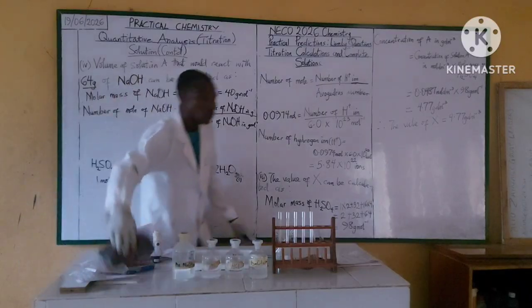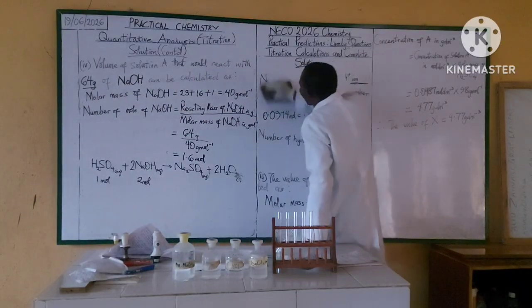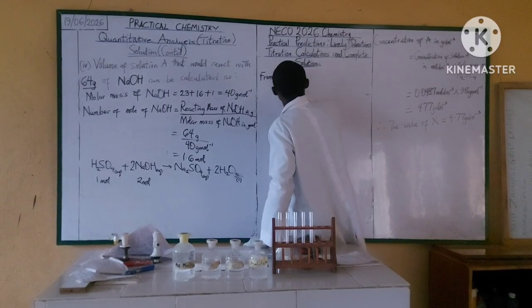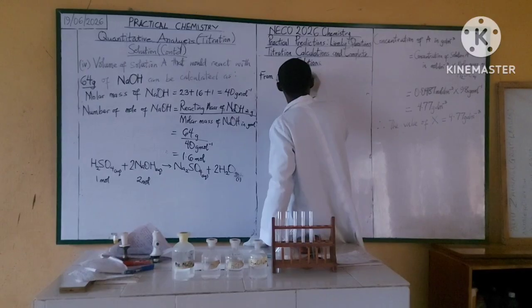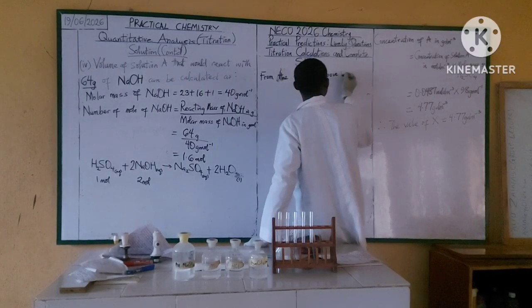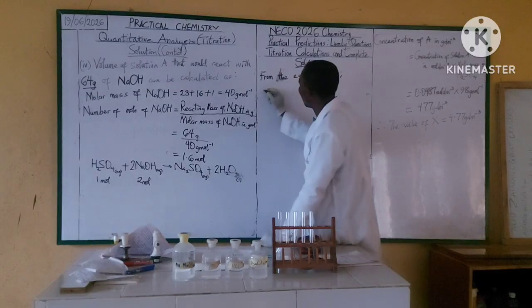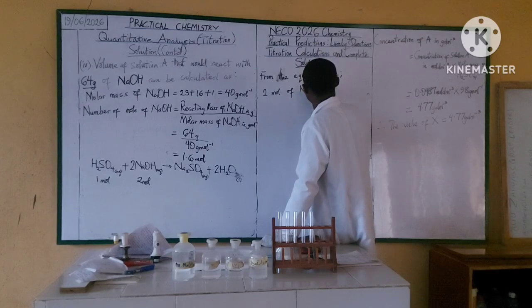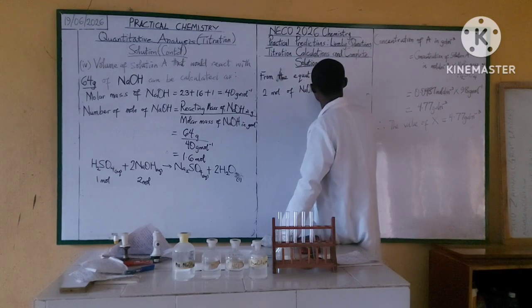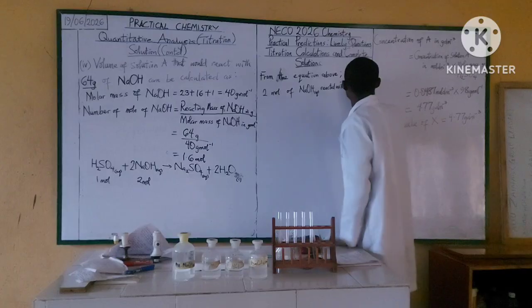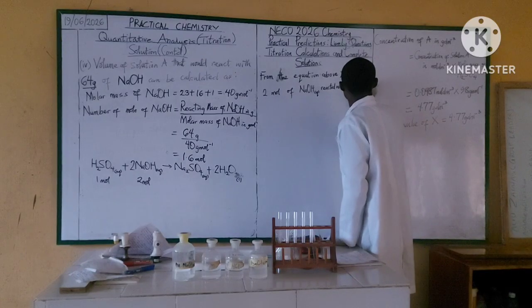Now, you can see from the equation above, 2 mole of sodium hydroxide reacted with 1 mole of H2SO4.